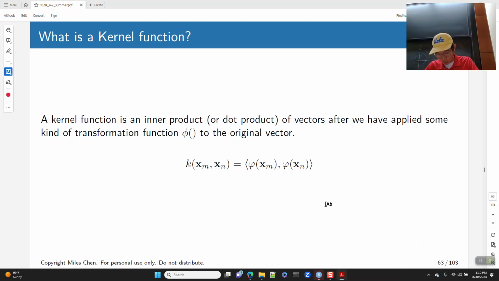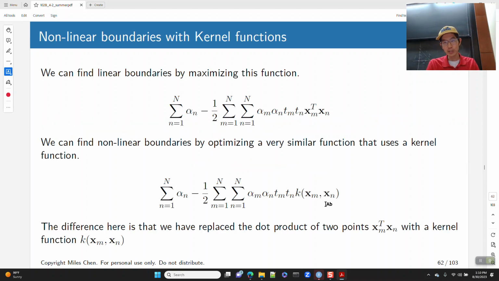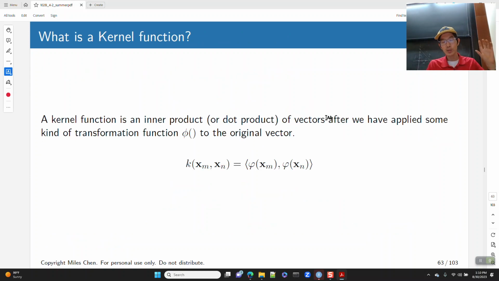In this case, what is the kernel function? A kernel function is the inner product or the dot product. Basically, here we're doing an inner product between xm and xn. We have xm transpose xn. And we're doing the same thing between point xm and xn, except for the kernel function, we plug xm into some kind of transformation function phi.